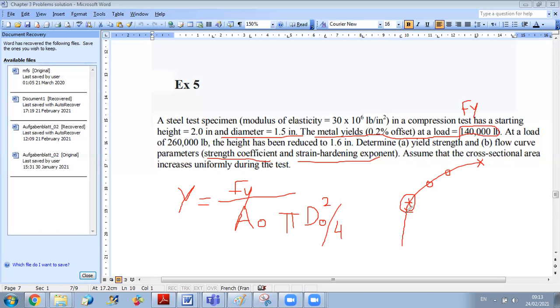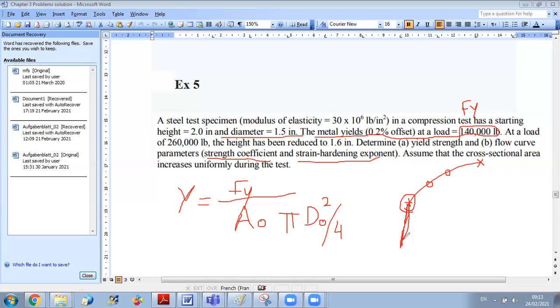In general, for the yield point, the true stress and strain will be very close to the engineering stress and strain. Why? Because in the elastic region, if you do calculation, the values are very close to each other, since epsilon is relatively small.